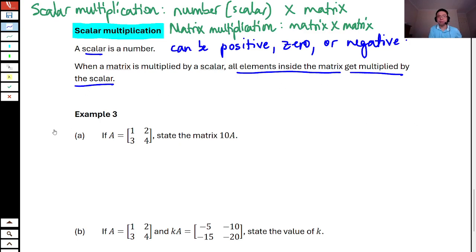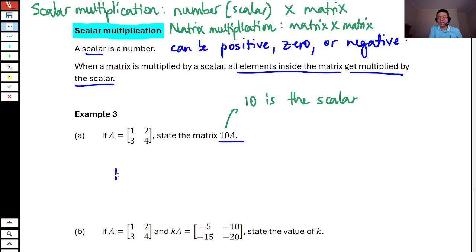So, for example, if I give you this matrix capital A as 1, 2, 3, 4, and I want to calculate 10 times A, in this instance, 10 would be the scalar. And you can write 10A, or you could write 10 times A. But just like with algebra, if I don't write the multiplication sign, it's sort of implied in this case.